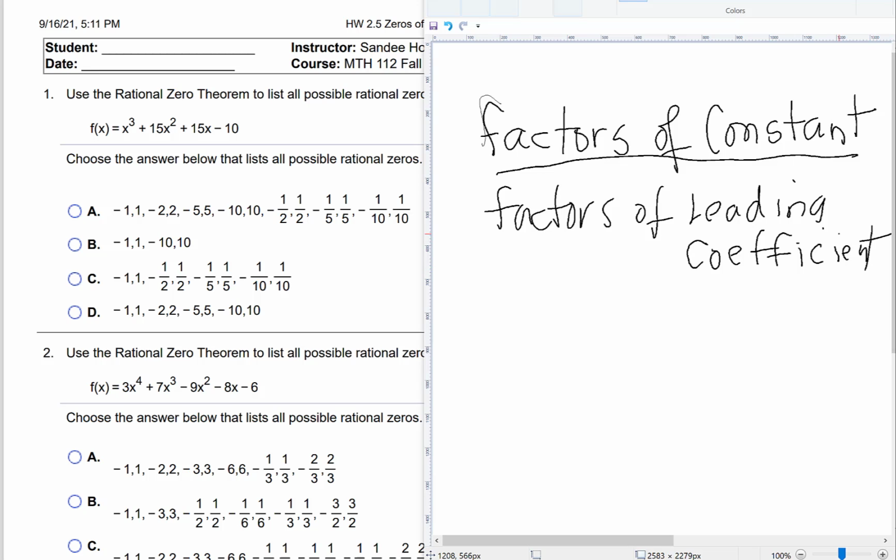The first thing you have to do is make sure that your polynomial is in standard form. This one happens to be, so we're looking at the factors of negative 10, or 10, over the factors of 1.